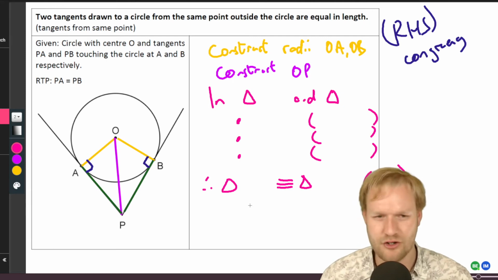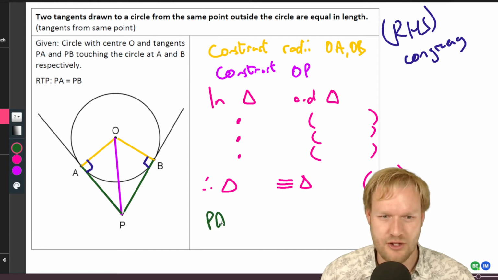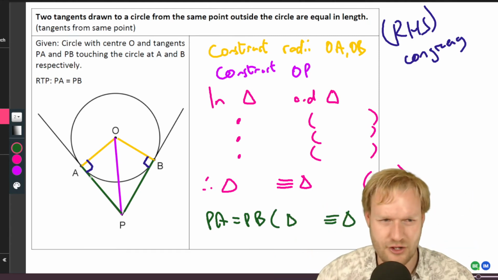And once we've shown congruency, we're going to say PA equals PB because those two triangles are congruent. So there's the overall structure.